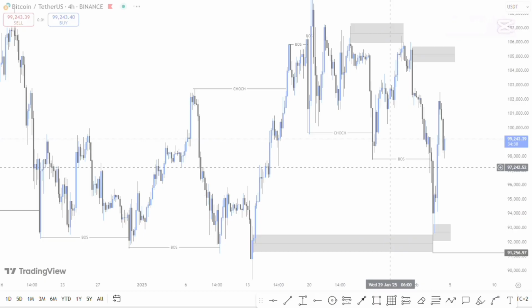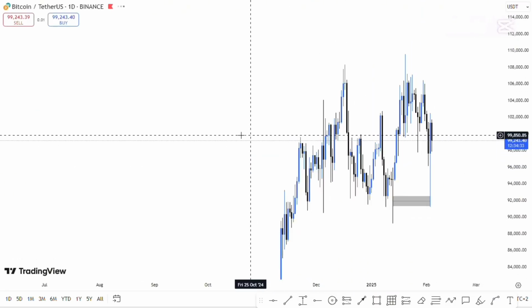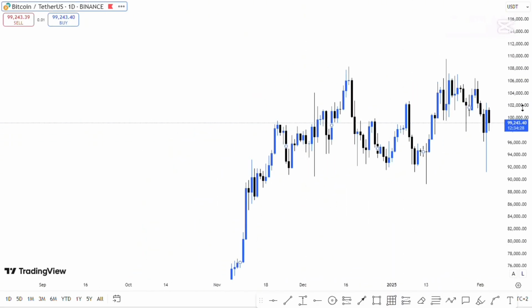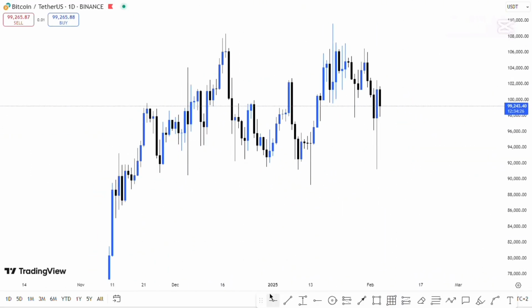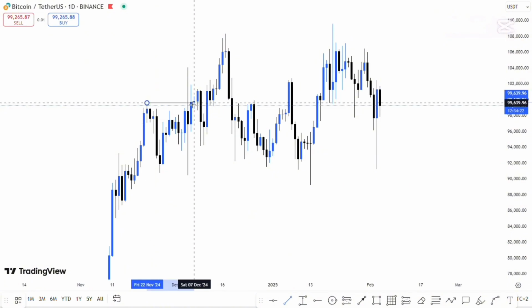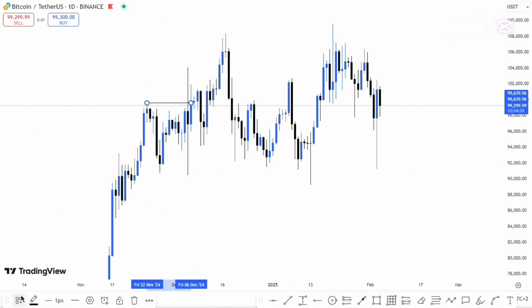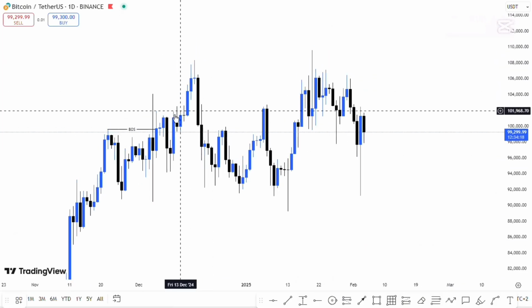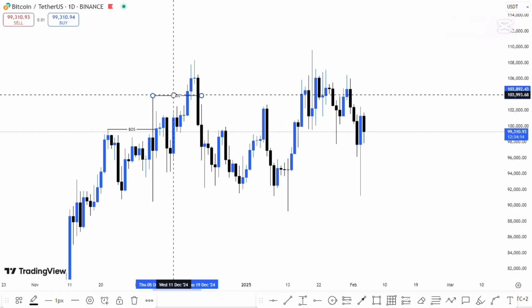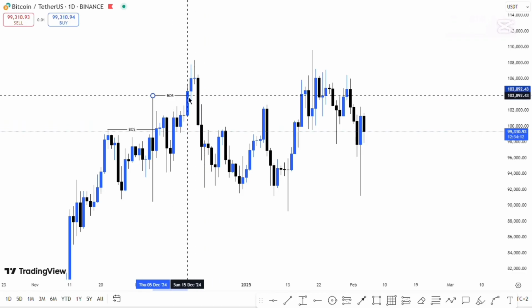okay, let's analyze from the daily time frame so that we can know how I got these buys. Let's remove all drawings. Let's mark this break of structure. We have a break of structure. We have the second break of structure.